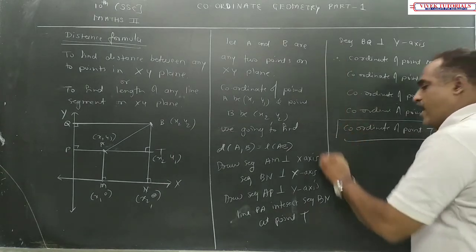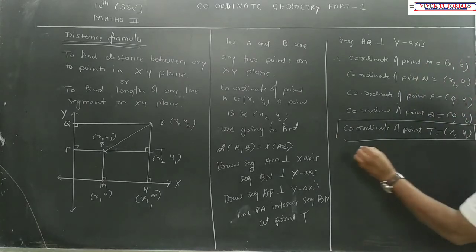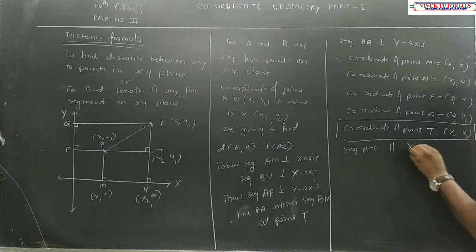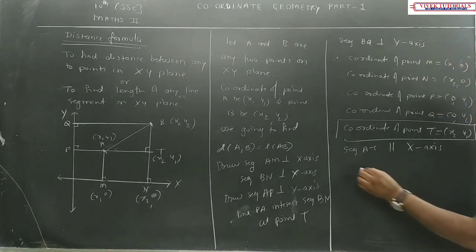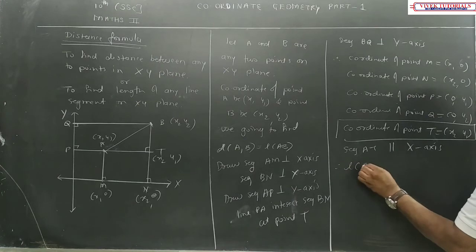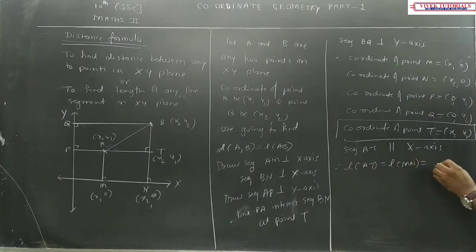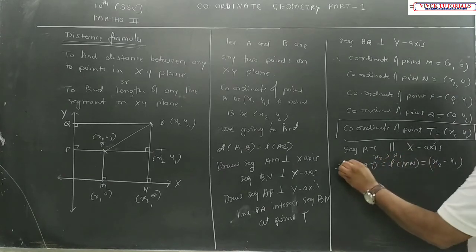Now the very important thing is, segment AT is parallel to the x axis. Segment AT is parallel to the x axis. Therefore, length AT is equal to length MN is equal to x2 minus x1, as x2 is greater than x1.